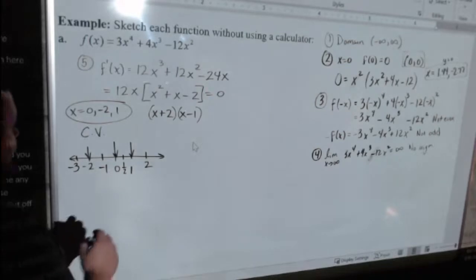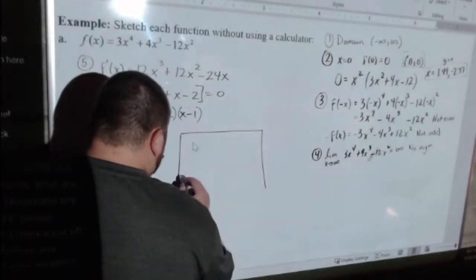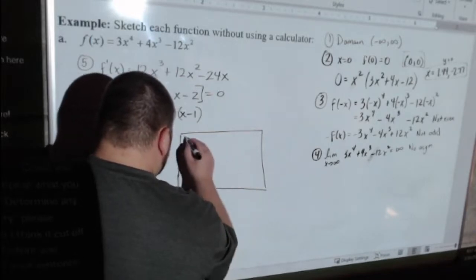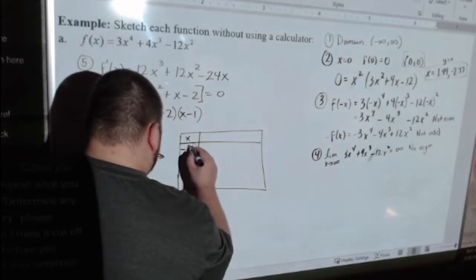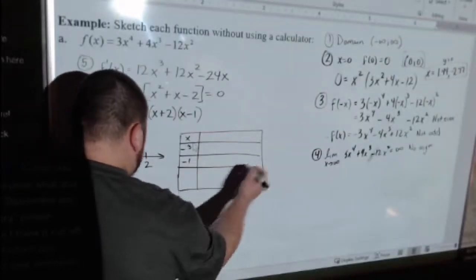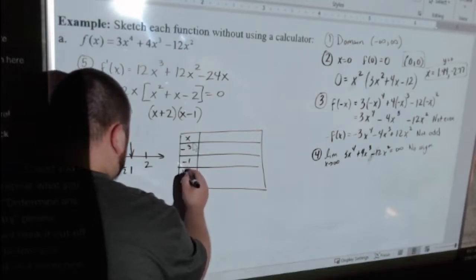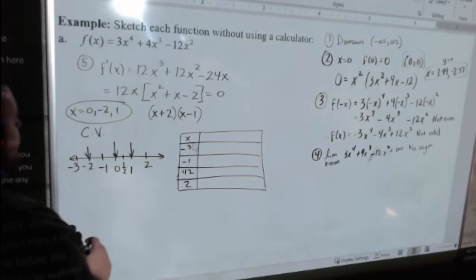So if you liked it, let's do the chart. Got x, -3, -1, 1/2, and 2 that I got to plug in.